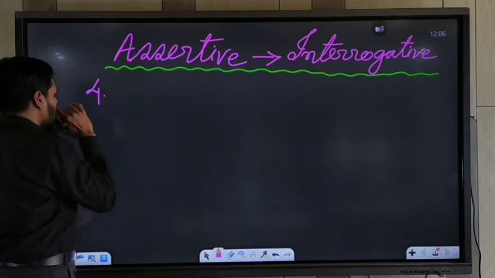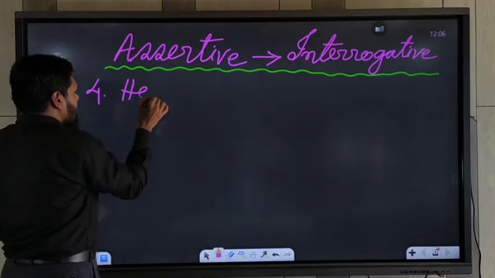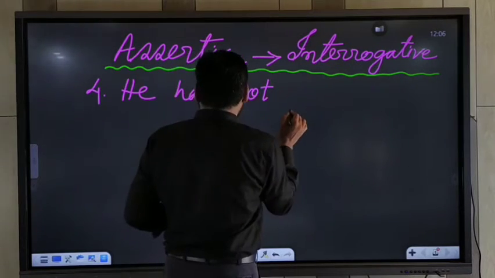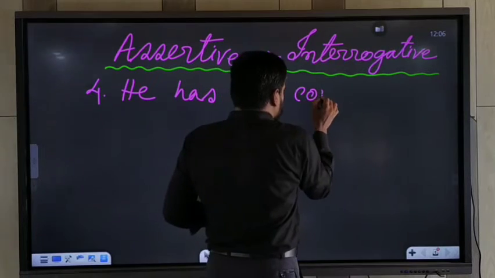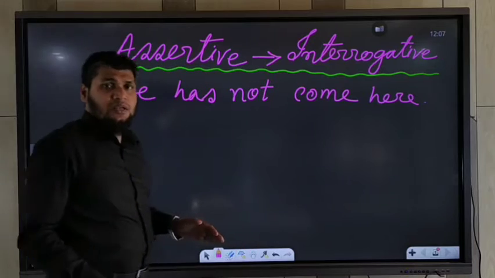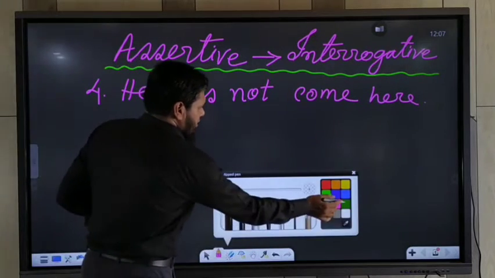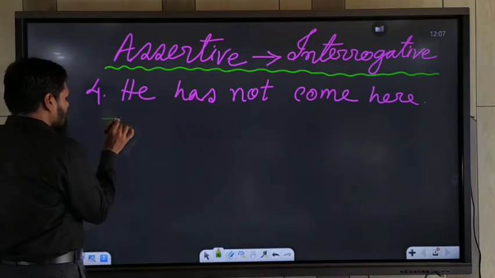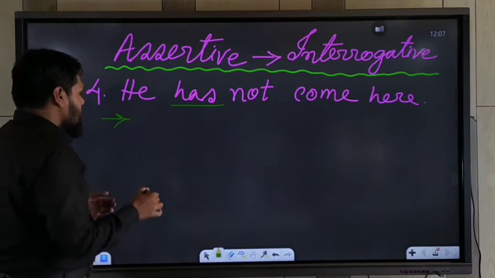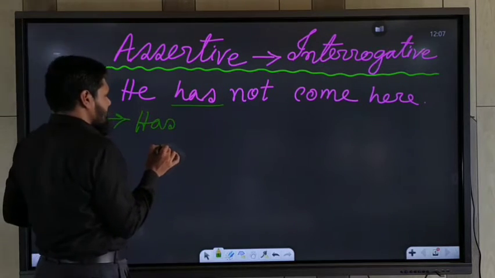Number 4. He has not come here. So what would be the interrogative form? The auxiliary is has. You should use has before the subject.